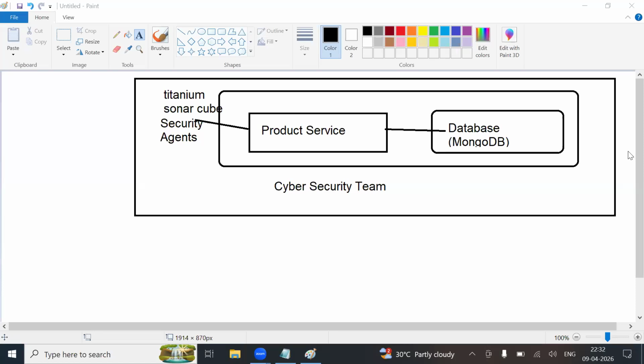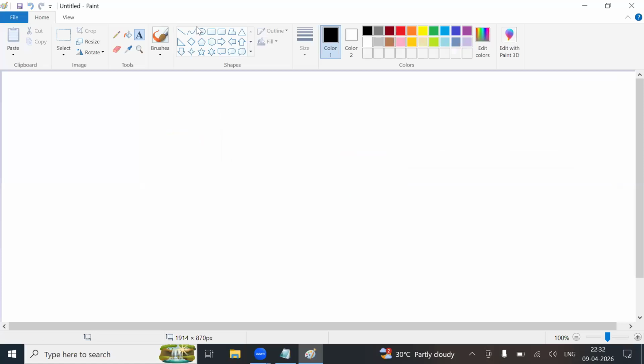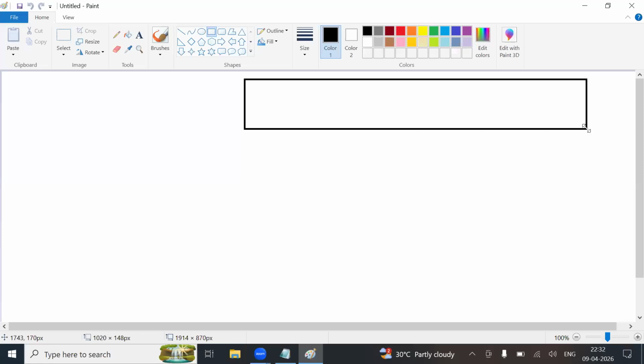How will it benefit us to have a database per service? What microservice architecture suggests from the industry standpoint, let me draw the diagram so that you will understand. You are building a product service, right? This is your microservice as a container.